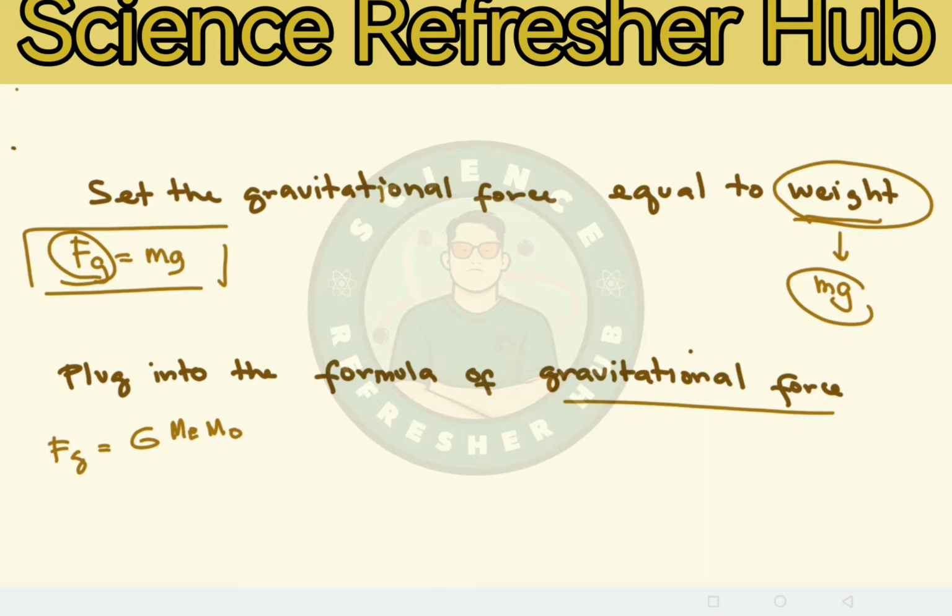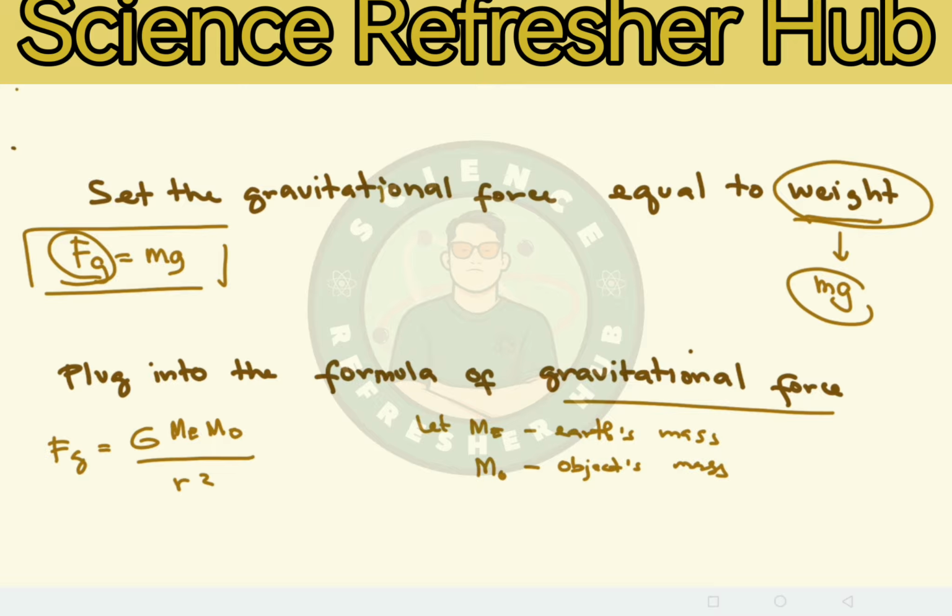I will just put these symbols here. Let ME be the Earth's mass, and let MO be the object's mass. And of course, we have to divide it by the radius r.